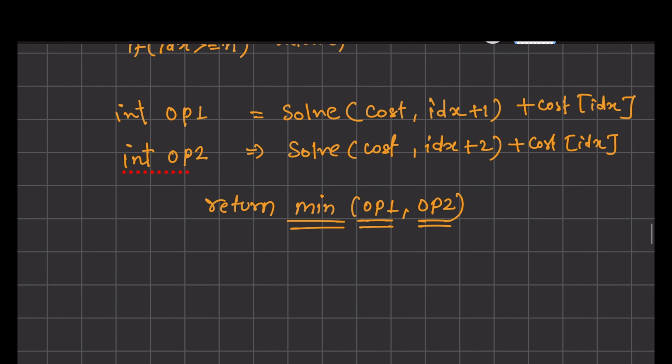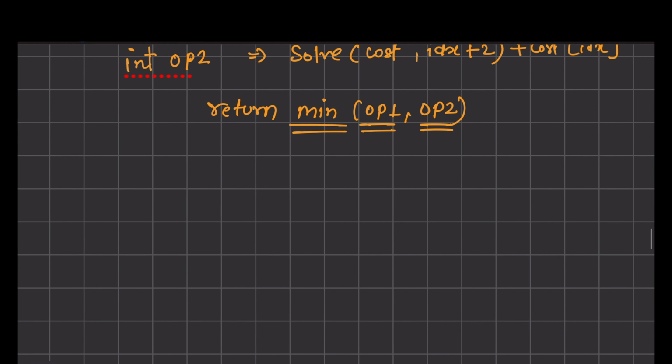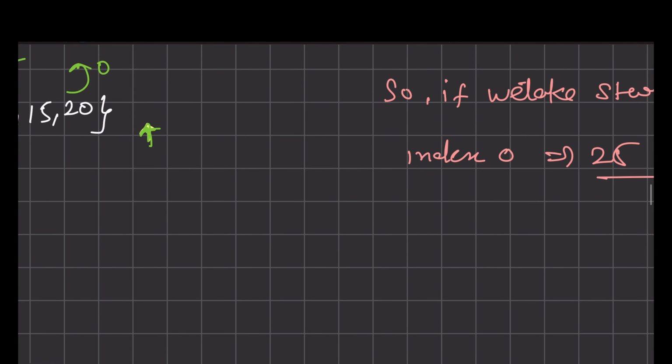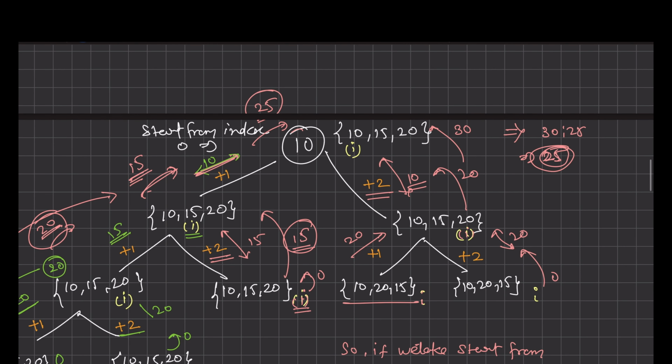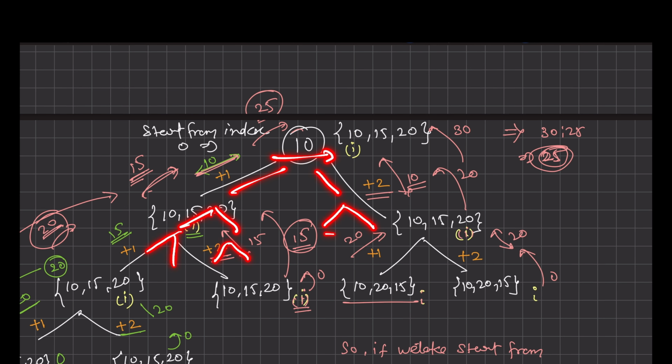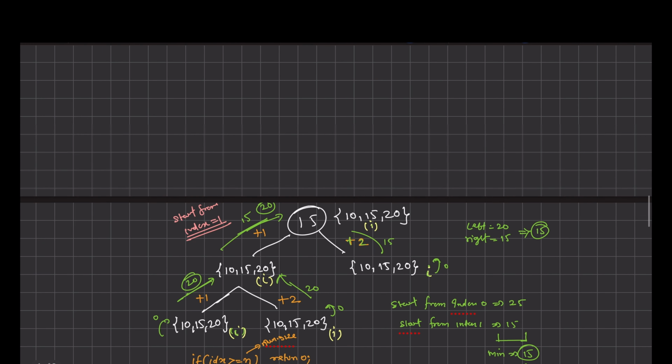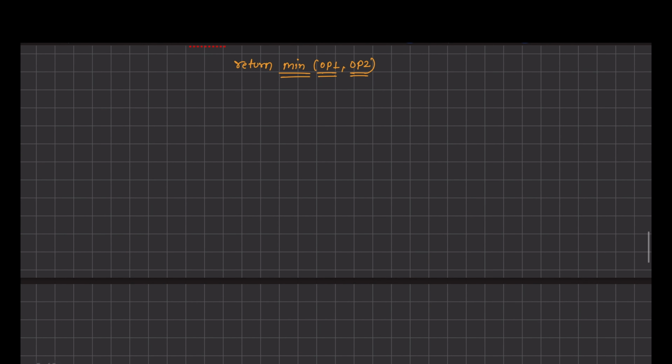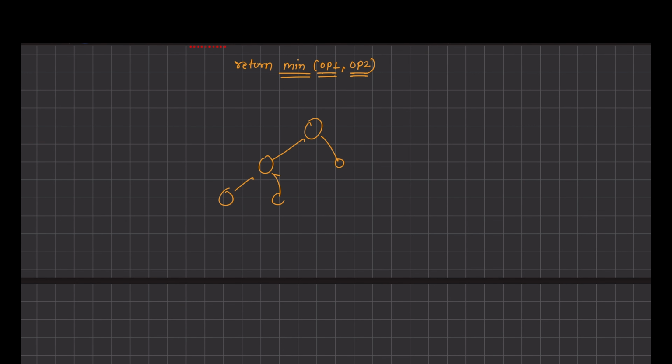Now let's discuss time complexity. If we see our tree diagram, at each level we have 2 options, again 2 options, again 2 options. So what is our time complexity? It will be exponential.